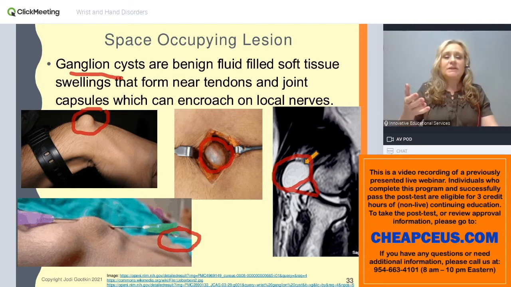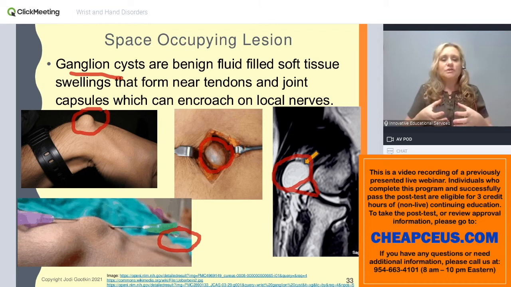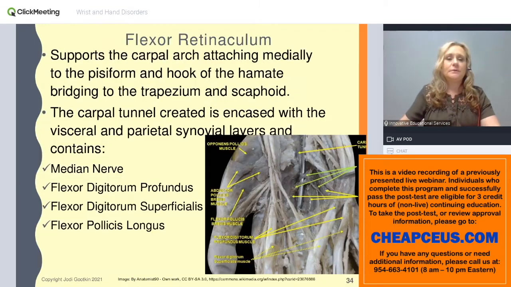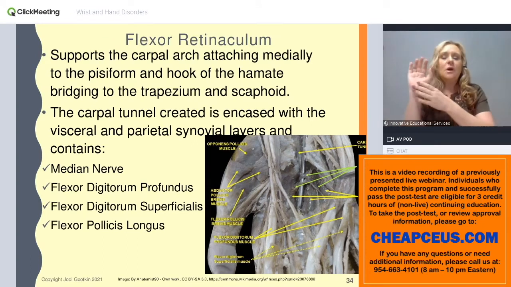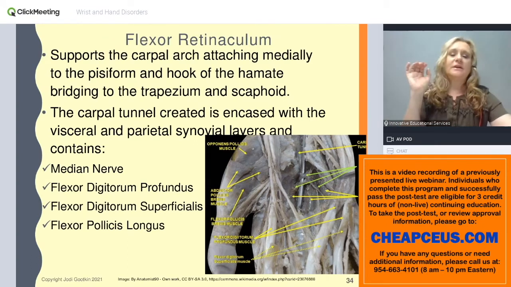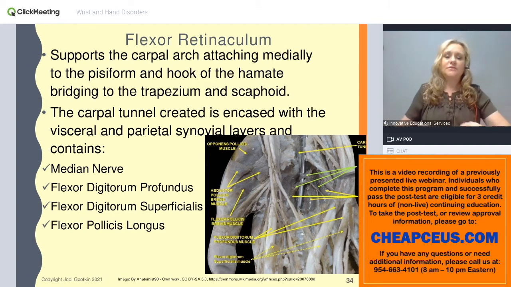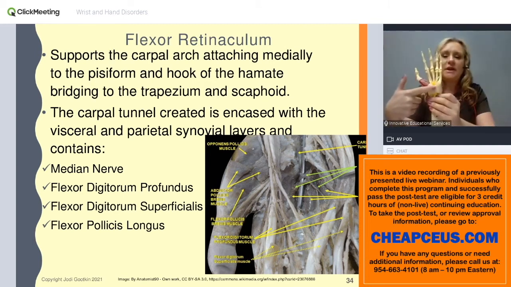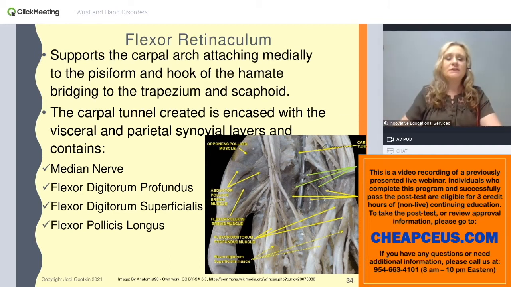While these are present, if they are in a space where nerves are located, it can compress them, leading to pathology. If we look on the palmar surface of the hand, examining our flexor retinaculum, we have our flexor retinaculum that will come across and attach to create that hood of our carpal tunnel.